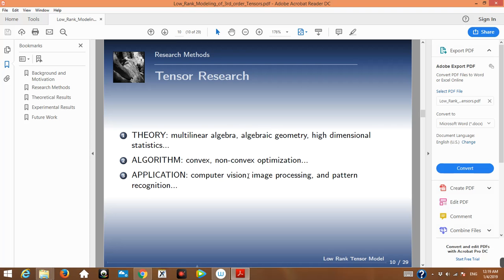Recently, people coming from control or optimization try to use convex and non-convex optimization skills to do tensor decomposition. And people in computer science study applications of tensors in computer vision, image processing, and some other research areas. That means tensor research has become more and more important.